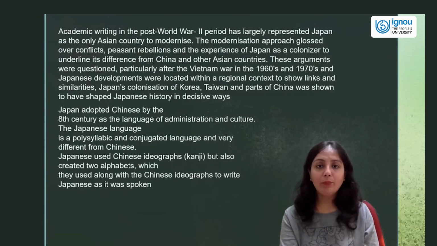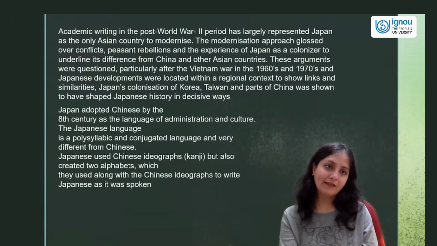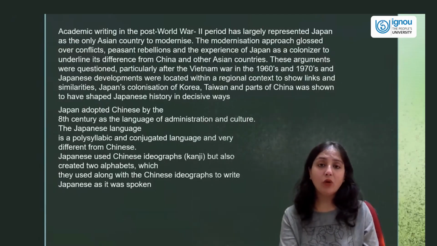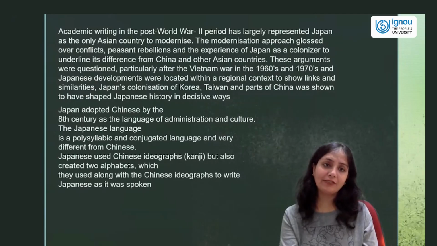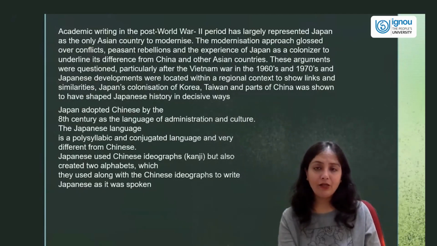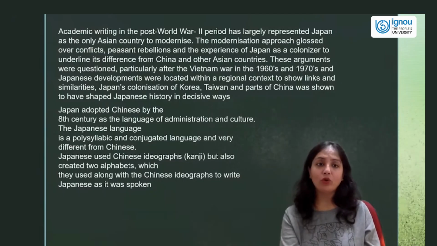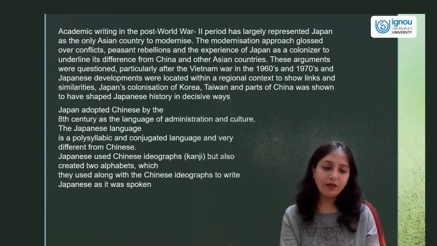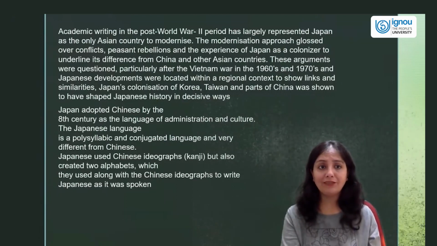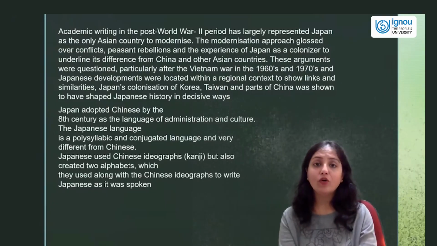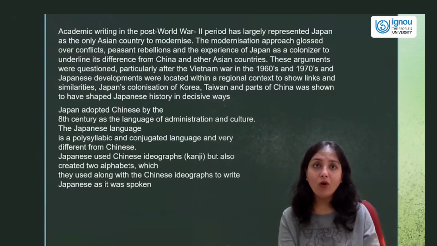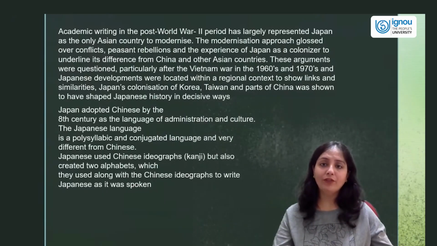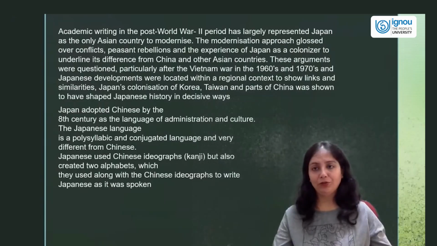The modernization approach glossed over conflicts, peasant rebellions, and the experience of Japan as a colonizer, to underline its difference from China and other Asian countries. In Japan, just like other countries, there were many upheavals at that time, like peasant rebellions, conflicts, and wars between neighboring states.